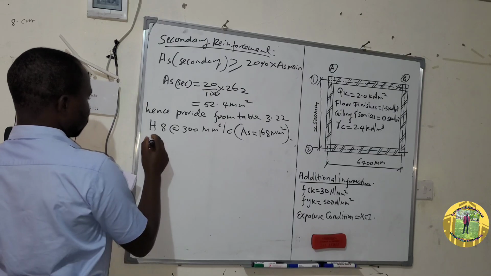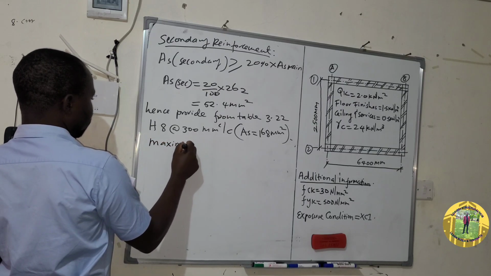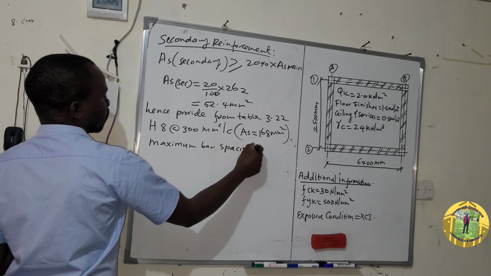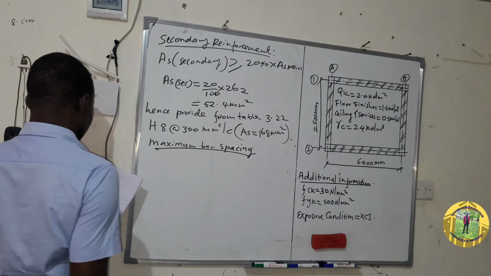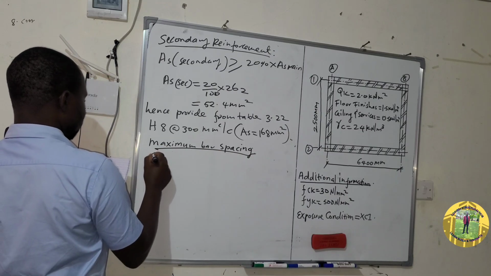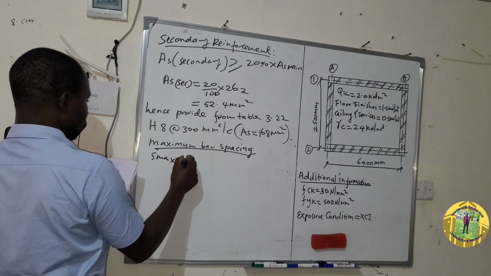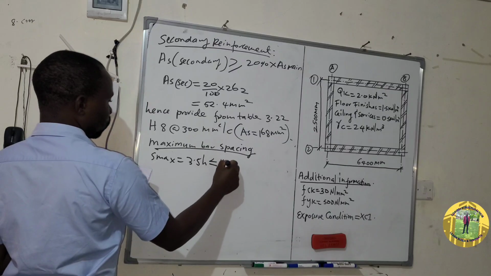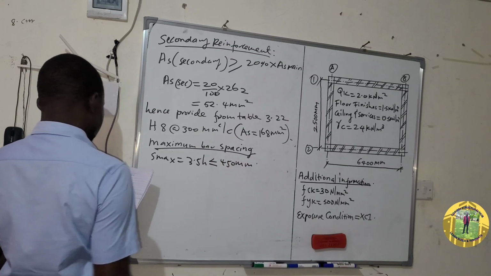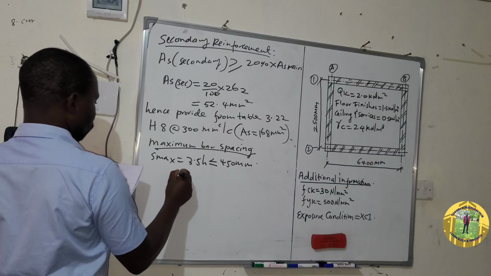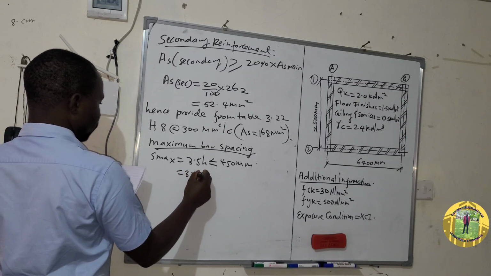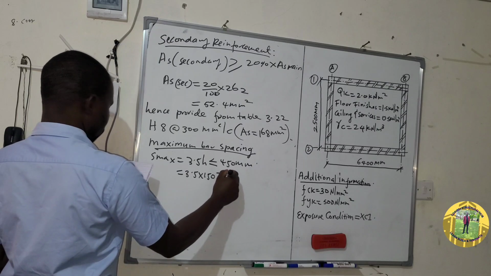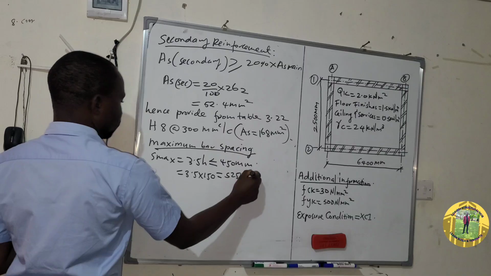And then we check for maximum bar spacing. So for maximum bar spacing, S max is equal to 3.5 H, which must be less or equal to 450 millimeters. Therefore, this one is equal to 3.5 times 150, which is equal to 525 millimeter.